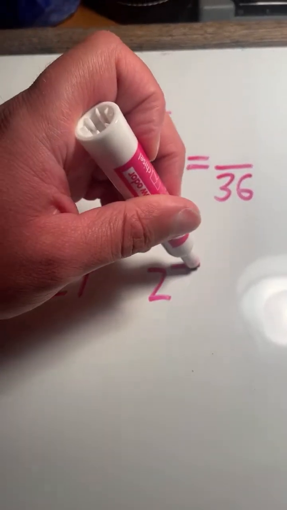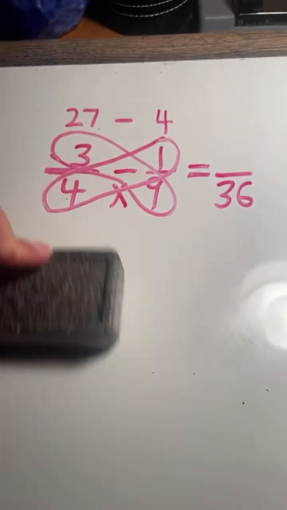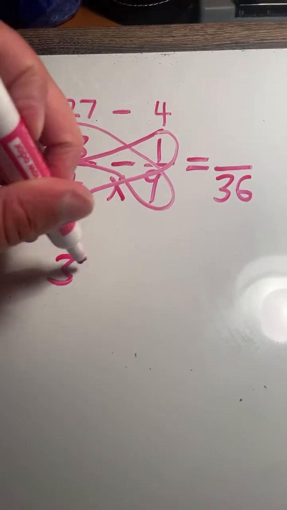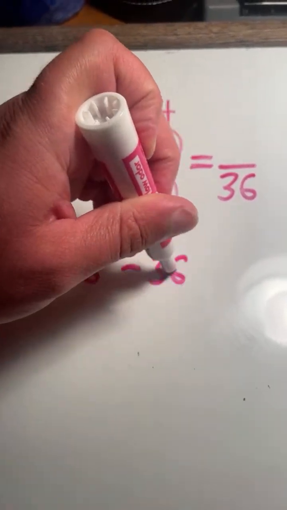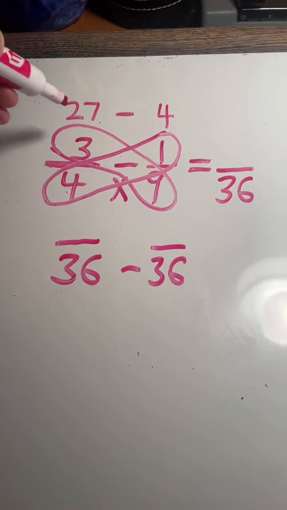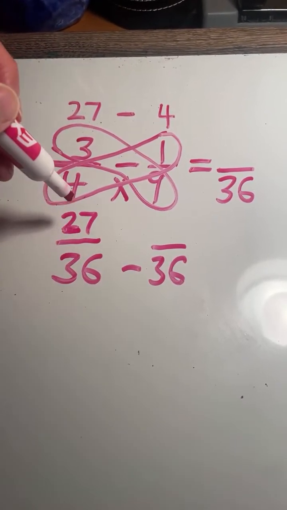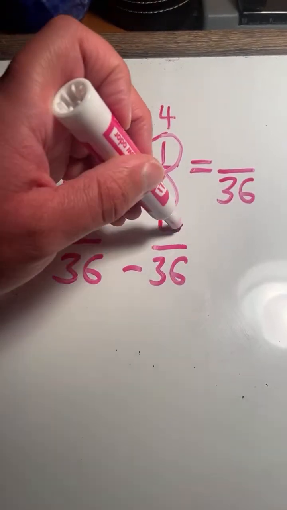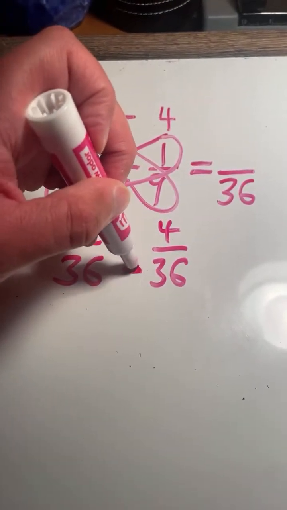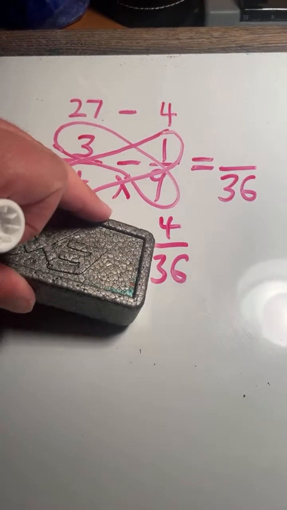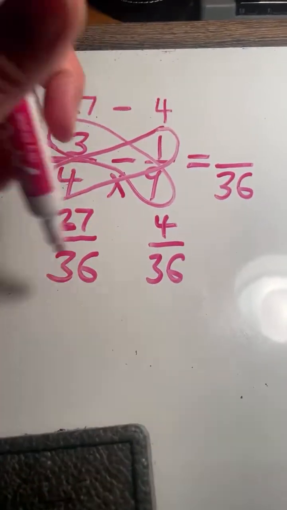So 36 was our common denominator for this problem. 3/4 has been converted to 27/36. 1/9 has been converted to 4/36. Let me put the subtraction sign more toward the middle of the 2 fractions here.